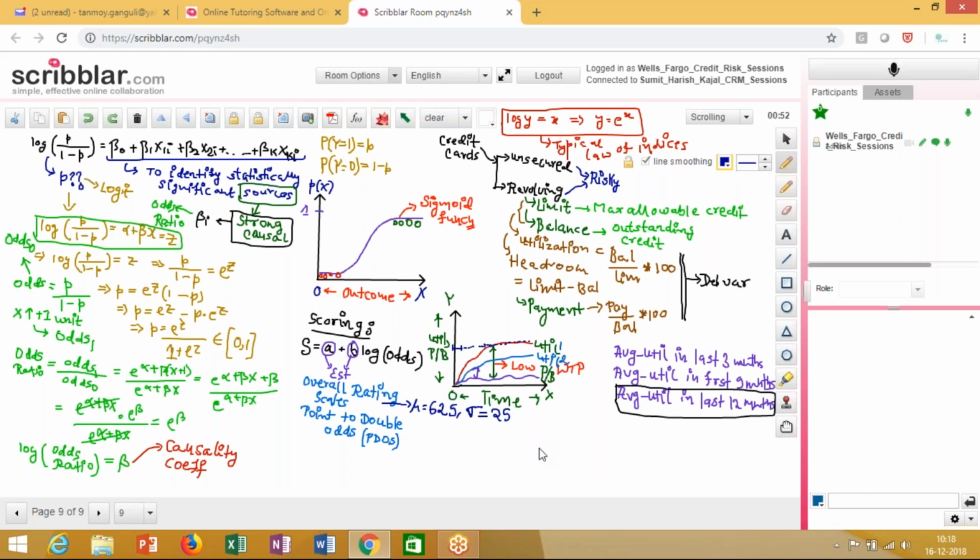So over here, mu is equal to 625 and sigma is equal to 25.